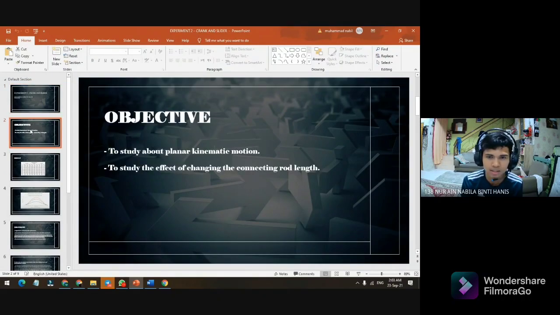Okay, the objective of the experiment is to study planar kinematic motions, and then to study the effect of changing the connecting rod length.